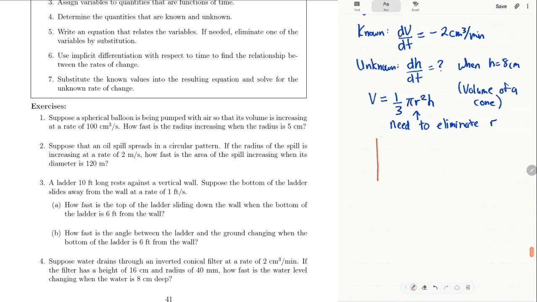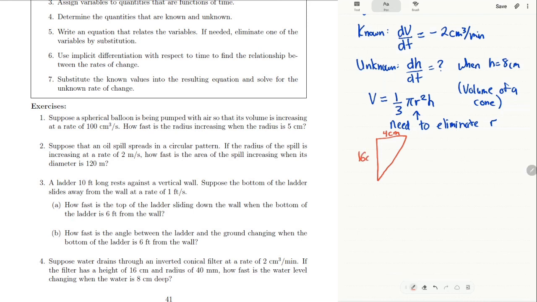We have the larger triangle, which is from the cone. Its radius is 40 millimeters. So let's just convert this to centimeters. 40 millimeters will be 4 centimeters, so that we're working with the same units.